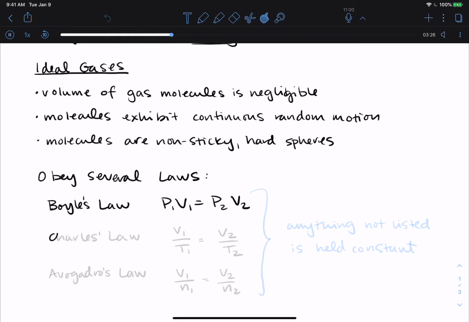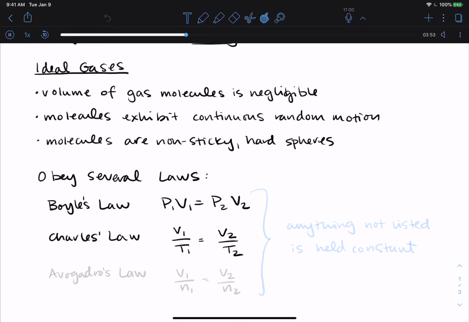Charles' law is V1 over T1 equals V2 over T2. So now, if you know the volume and the temperature under one set of conditions, if you change the temperature, you can calculate the new volume.